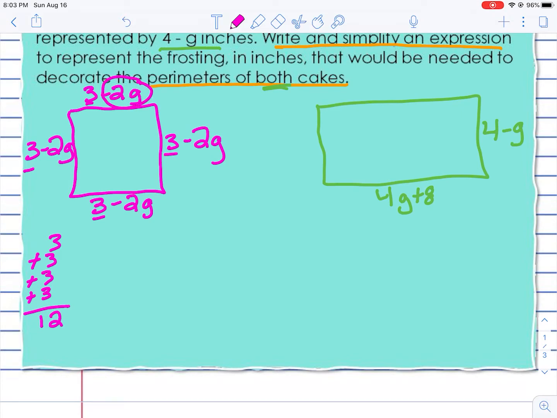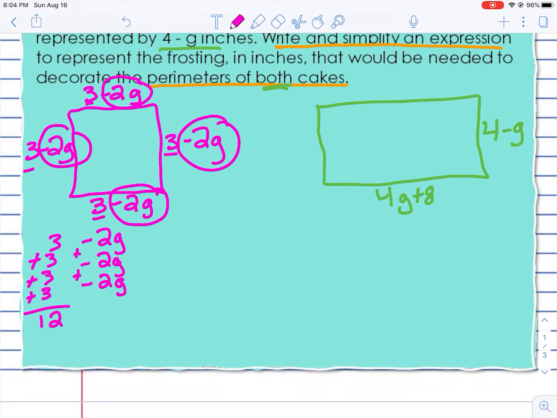Okay. Then I have all of these other terms that are like terms. I have these negative 2g terms right here. You see, I have 4 of them. So I've got to add all those up too. Negative 2g plus a negative 2g plus a negative 2g, and you can put the plus signs if you want. Now, how do I add up all these g's? Well, remember, to add like terms, you're simply adding the coefficients. You're just adding up the numbers in front.